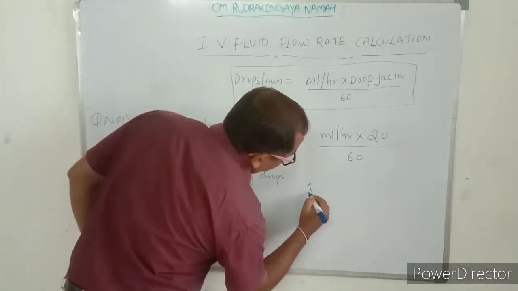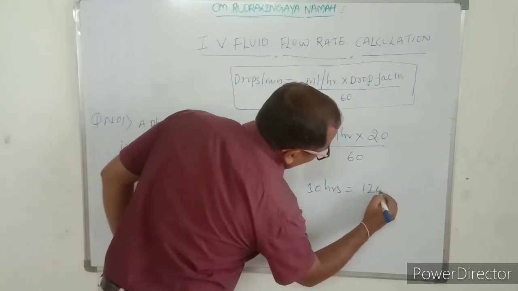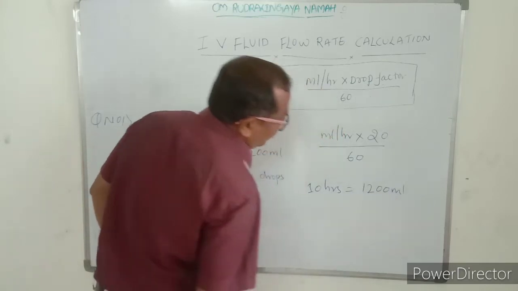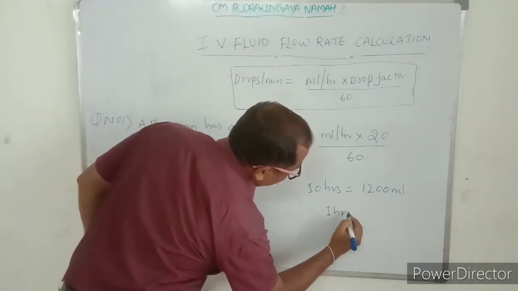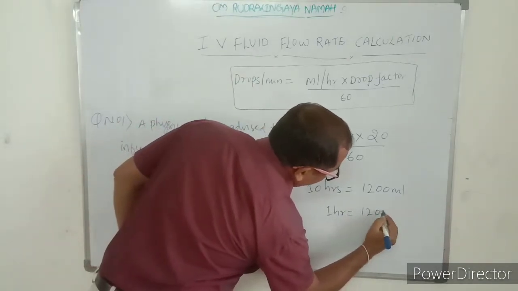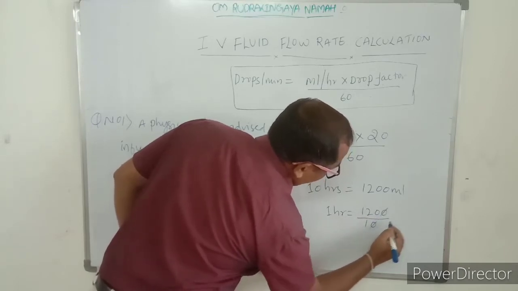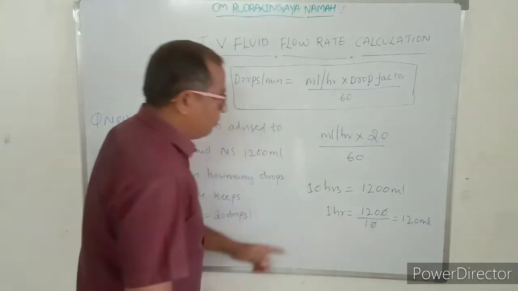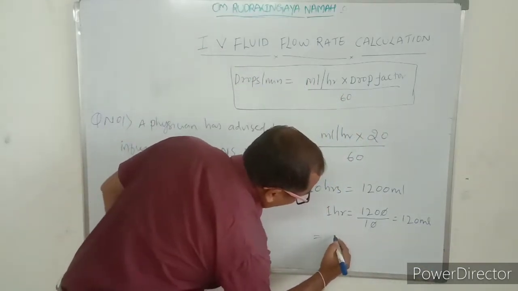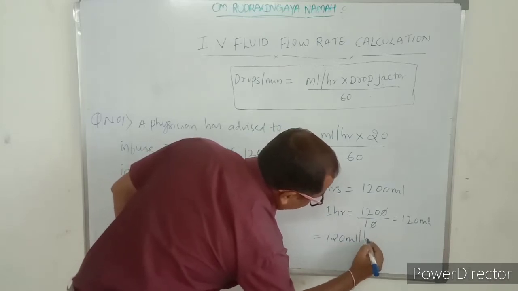So in 10 hours, a total of 1200 ml has to be infused. So in 1 hour, how much? It is 1200 divided by 10. So that is 120 ml has to be infused in 1 hour. That is nothing but 120 ml per hour.